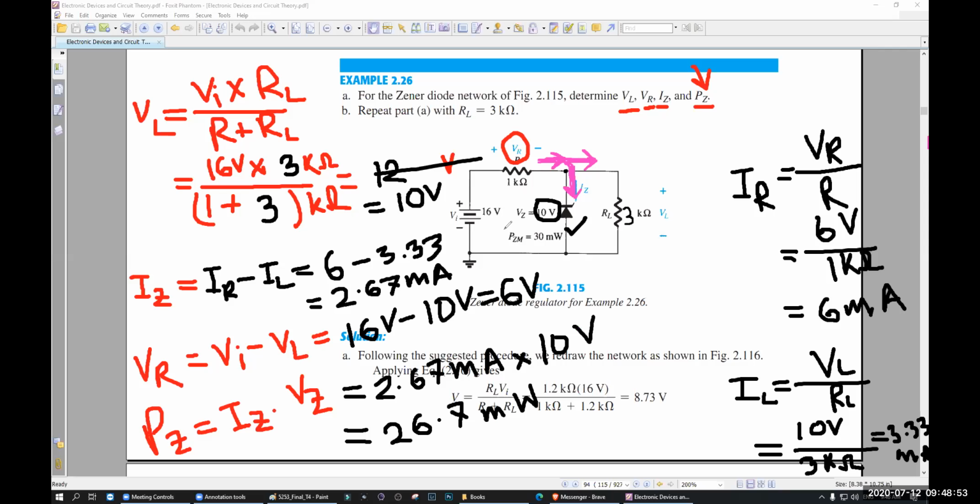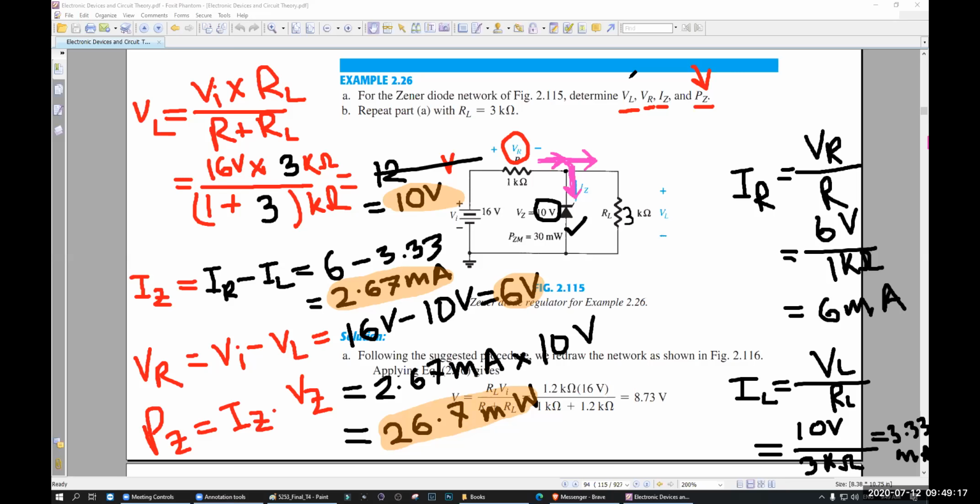So here, what value did we get? We got 10 volt. We got 2.67, that is your IZ. We got 6 volt, that is your VR. We got 26.7 milliwatt. Those are your answers.